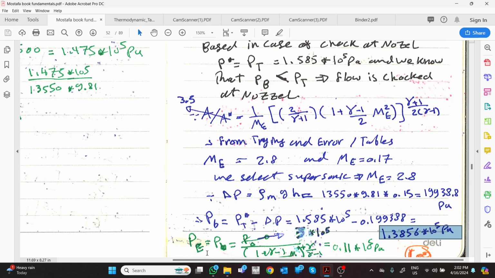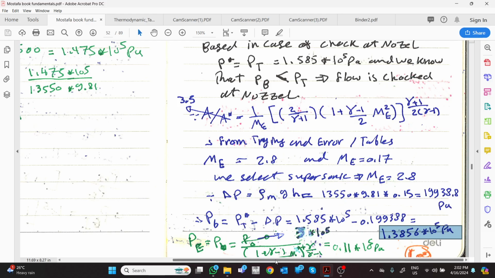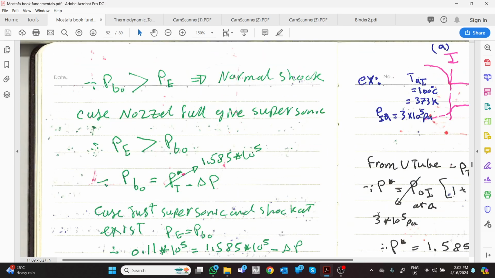Let's calculate the exit pressure. Theoretically, exit pressure is equal to stagnation pressure, which I already have, multiplied by the same equation that we were using before. Then compare these two together. So this is the exit pressure, and this is the back pressure.